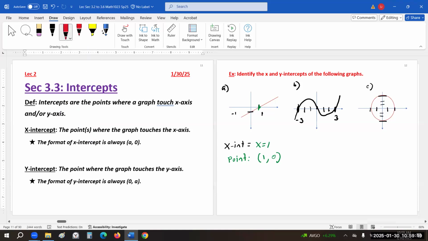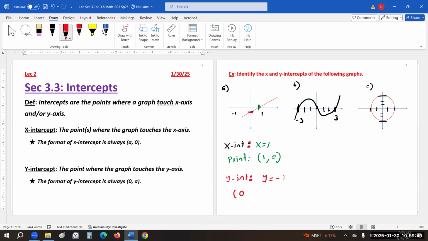Similarly, our y-intercept is where our line is crossing the y-axis. So our line is crossing the y-axis through -1. So our y-intercept is y equals -1. But as a point, in the y-axis, all the x values are always 0.